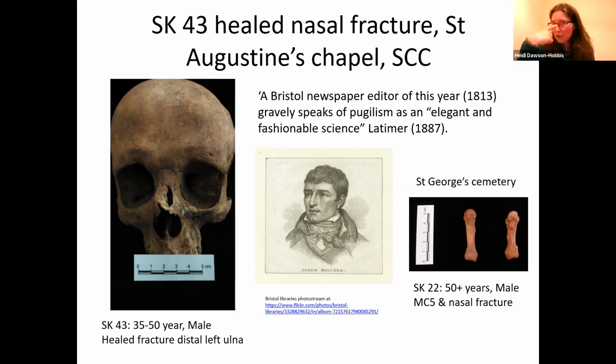So essentially this individual has fractured their nasal bones. They've healed quite nicely. This individual also has a fracture to the distal left ulna. And I have another individual, skeleton 22, who also has a nasal fracture and also a fracture to the 5th metacarpal, which is the bone inside the hand.